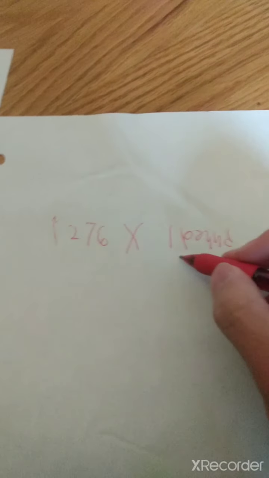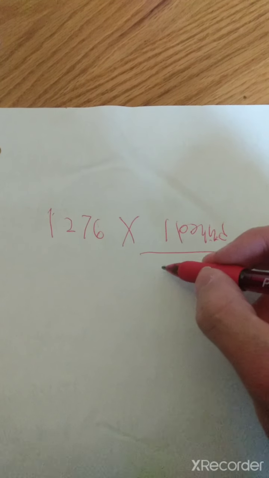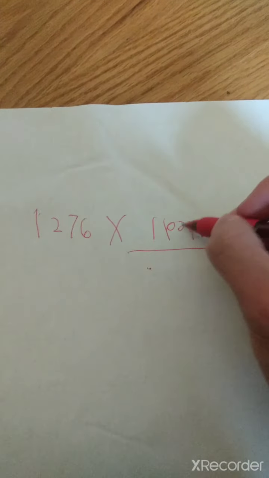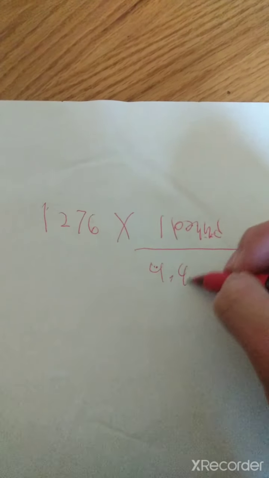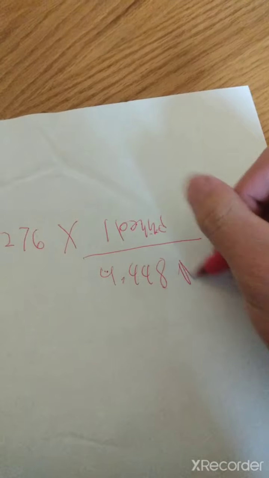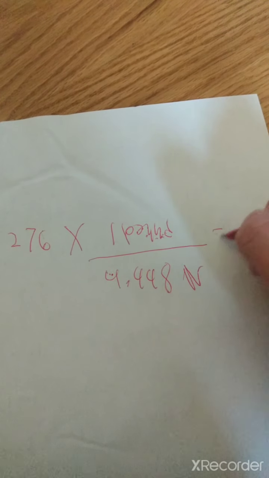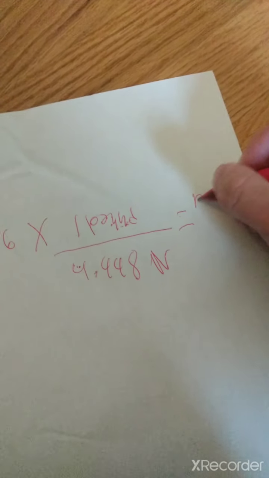Then, since we want to figure out how many pounds there are, we have to use the unit rate of how many newtons are equal to 1 pound. That is 4.448 newtons per pound. If we calculate that, we will get our answer in pounds.